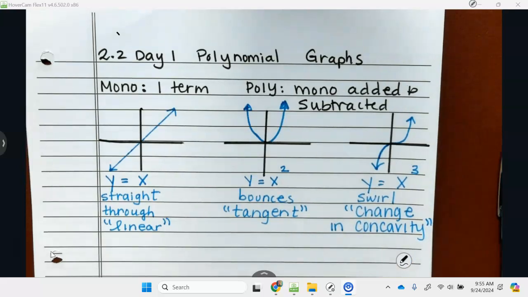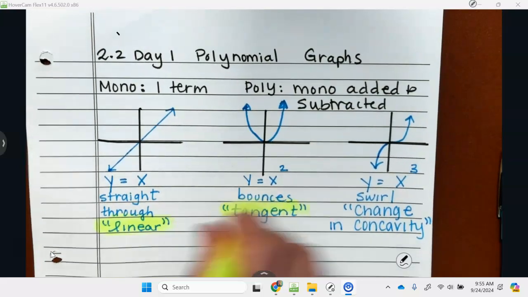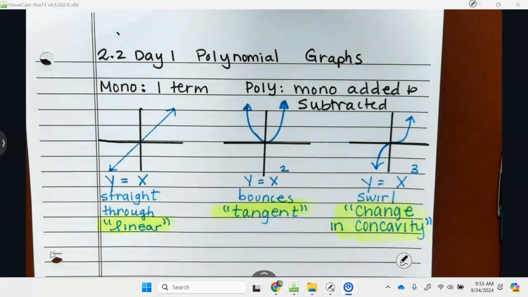So polynomials, y'all, we're going to look at high degrees, like something to the 12th power, something to the 13th power. And when you get a high degree like that, they're all going to have behavior like this. It's never going to be anything different than one of these 3.